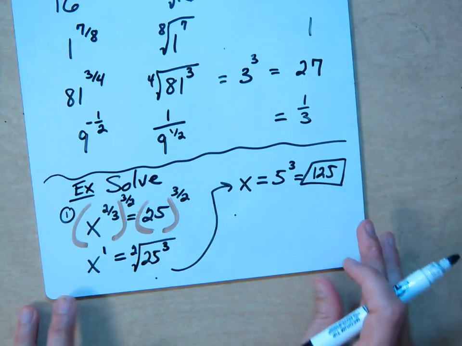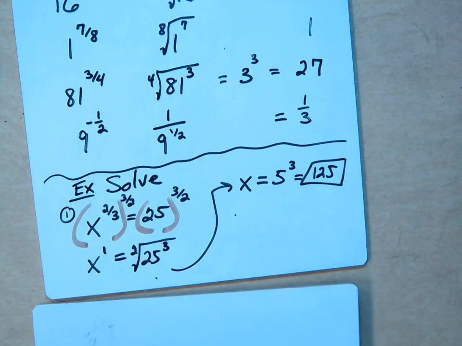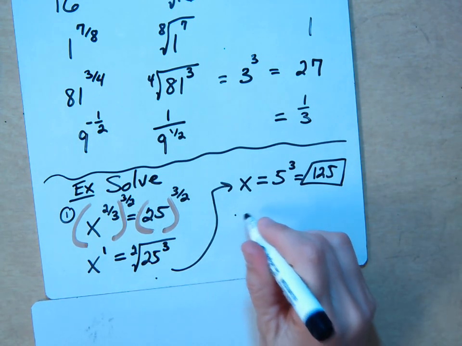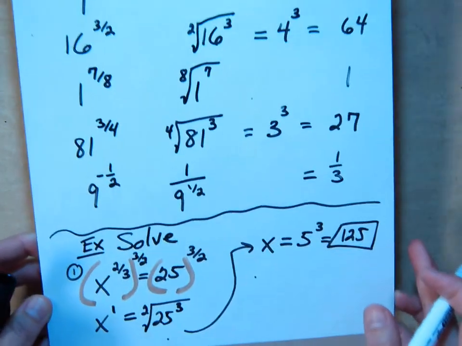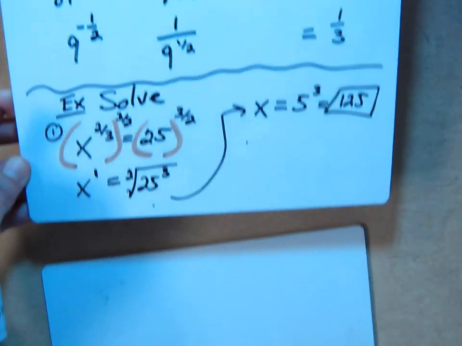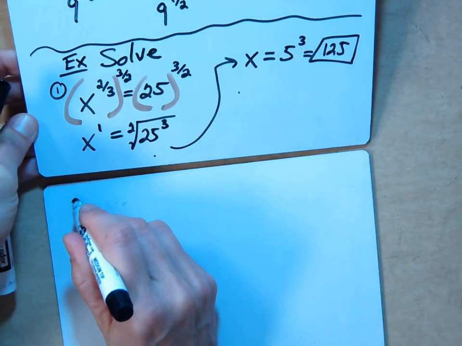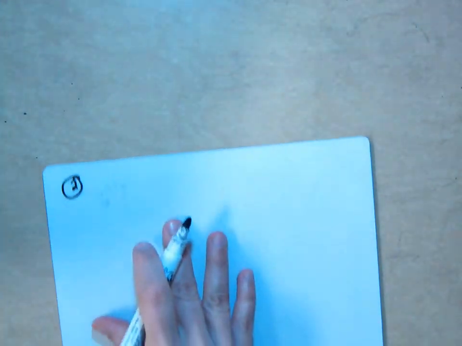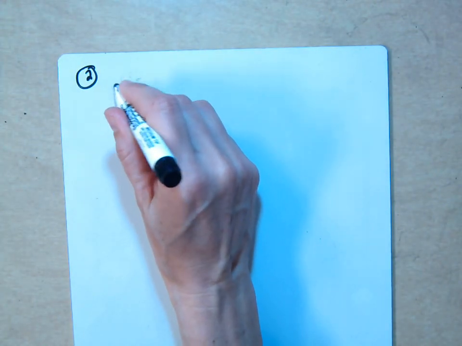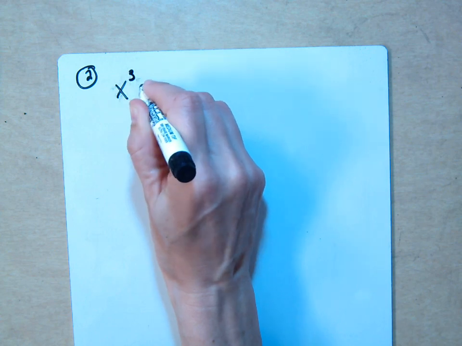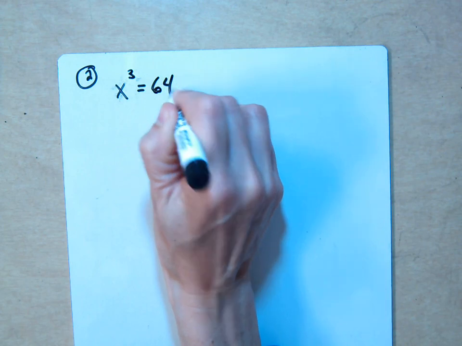And let's do a couple more equations that you can solve different ways. Example 2. I'll start example 2 on a new page. Let's try x cubed equals 64.